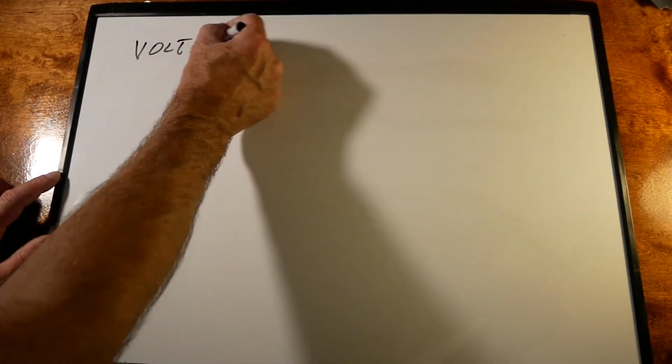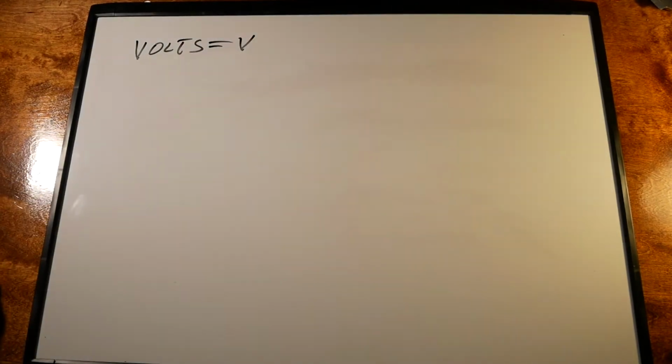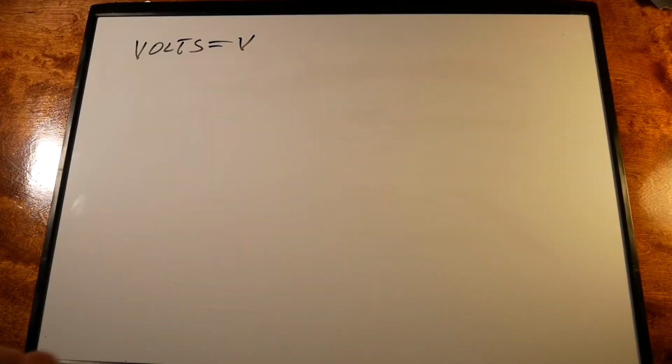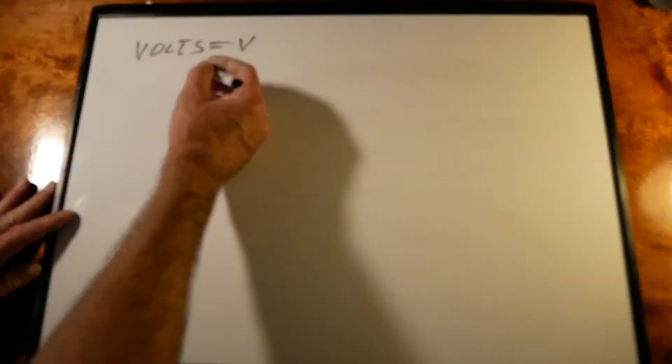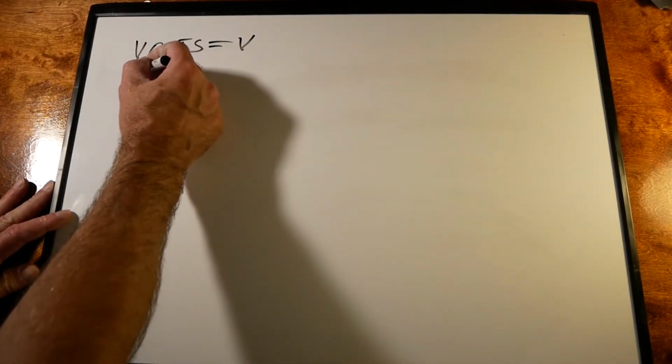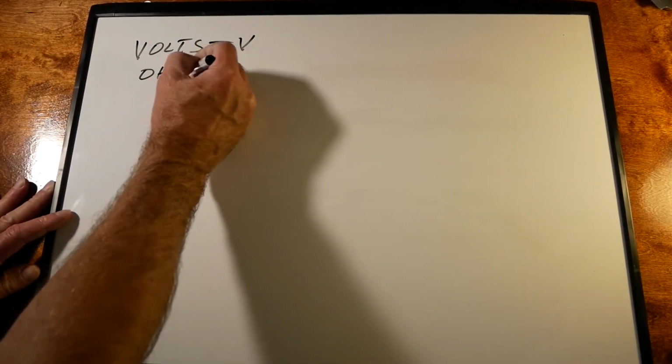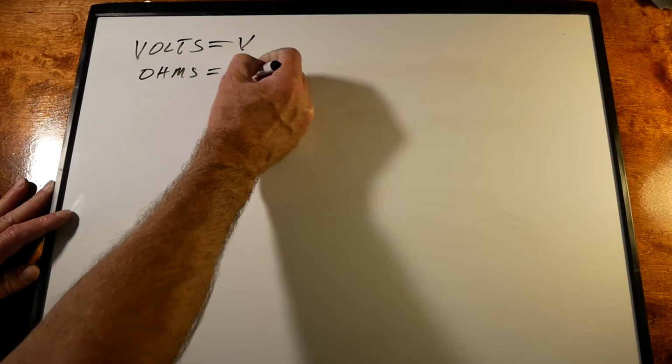Now for some terminology. So we've already established that pressure is volts. And we need to understand the other terms that we use when we're dealing with electronics. The next one is resistance, which we measure in ohms.